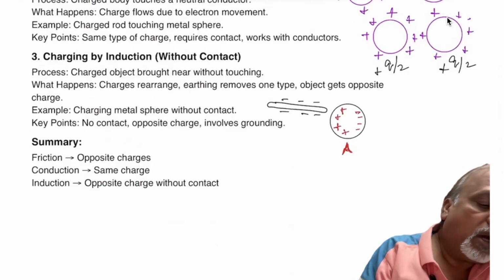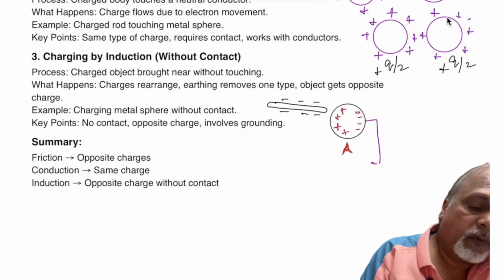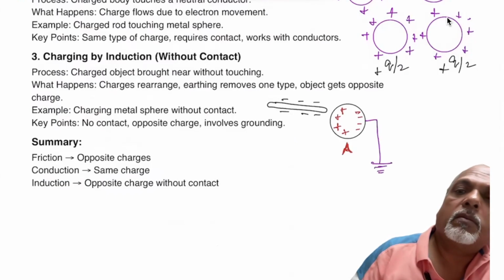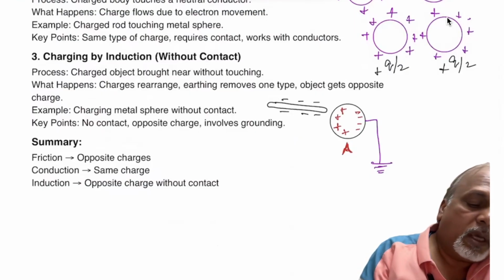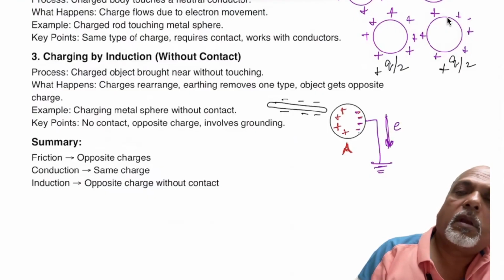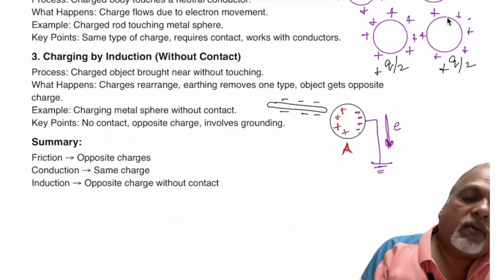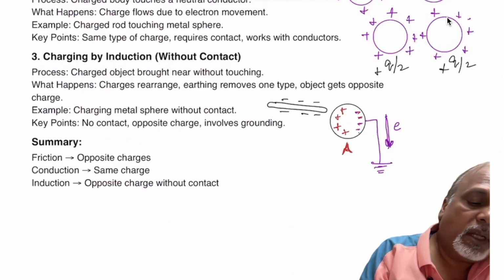Correct. Now what you can do is earth this face. Once you earth this face, what will happen? The excess electrons on this side will move to the earth. Ultimately, there will be a deficiency of electrons in this body.